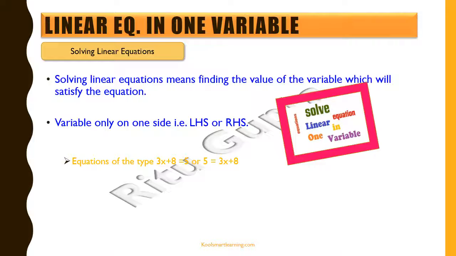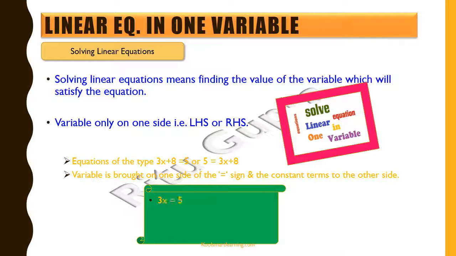So if we see an equation of the type 3x plus 8 is equal to 5, or by changing the sides, 5 is equal to 3x plus 8, the variable is on one side, but the constant terms are present on both sides. So we want to take only the variable on one side, and all the constant terms on the other side.